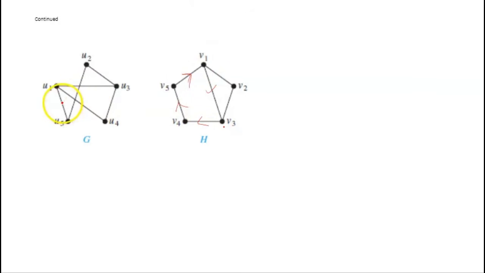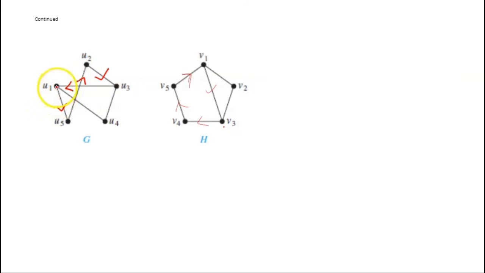So yes, here is the circuit of length 4. Suppose I move from this vertex U1 to U5, then U5 to U2, then U2 to U3, and U3 to U1.